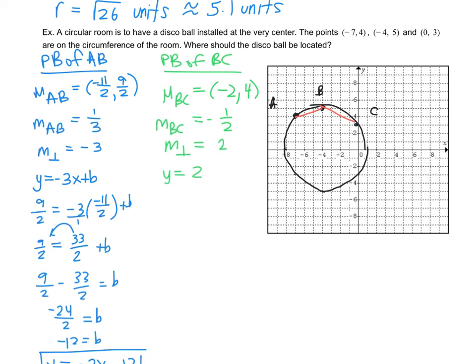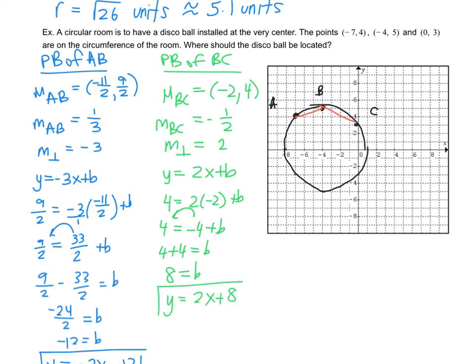And now we can do our y = mx + b. Put 4 in for y, -2 in for x. Simplify the multiplication and bring that -4 over, so that you get 8 for your y-intercept. So there we are. There's our second perpendicular bisector.